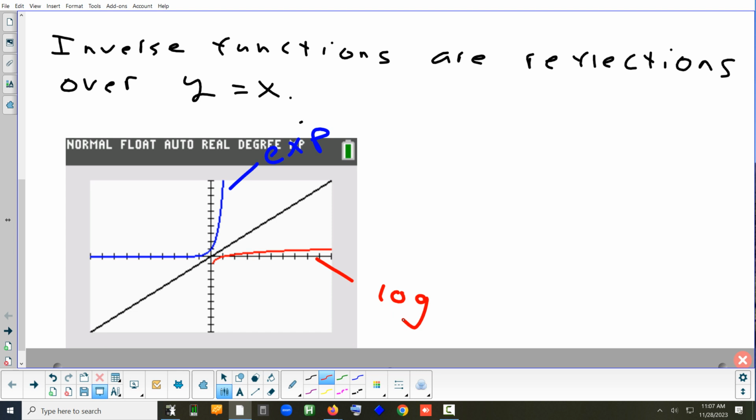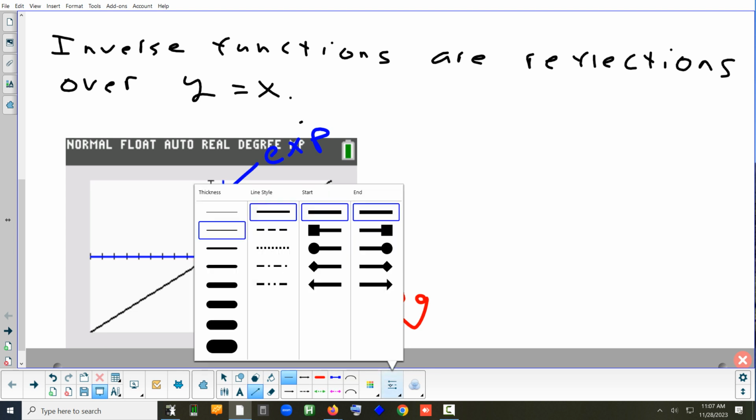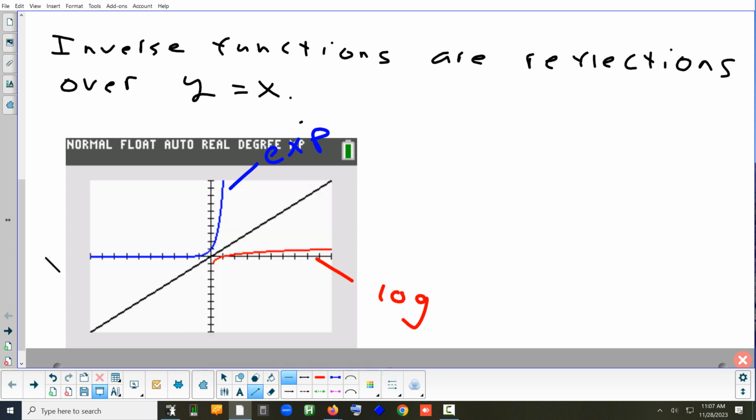Okay, so the log, what happens is it starts to get very steep. Whenever it gets steep, the calculator just kind of gives up drawing. So what it really should look like is this. This kind of comes down, and that just keeps going down.